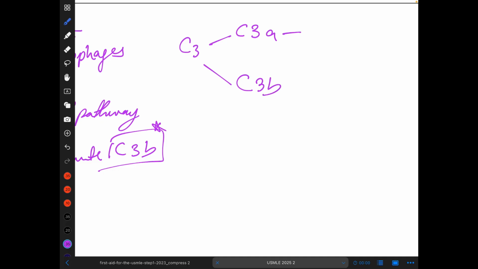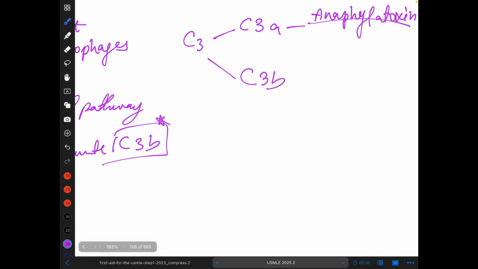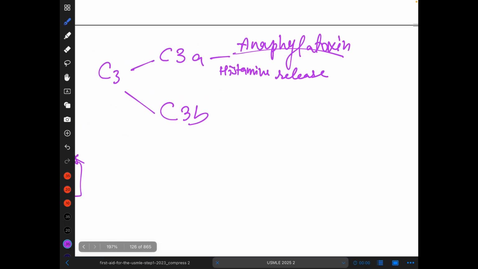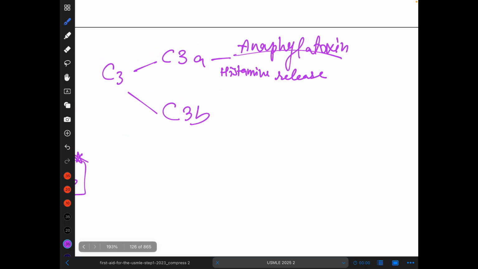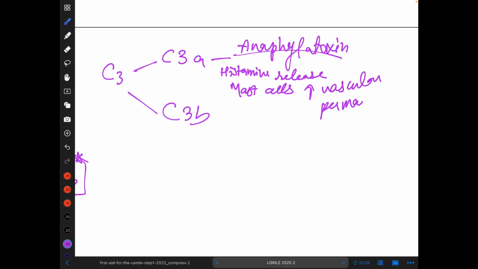The C3a acts as an anaphylatoxin, in which histamine is released from mast cells, and it will increase vascular permeability.